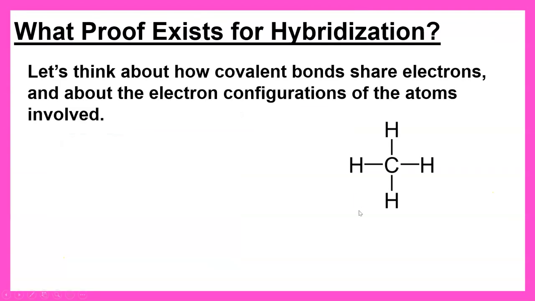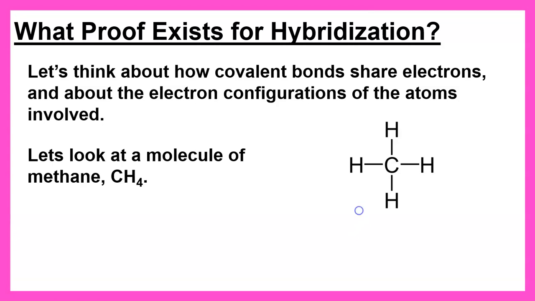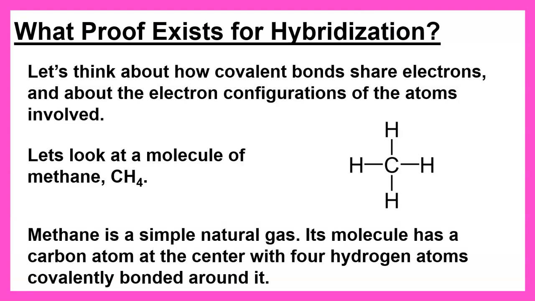So the new part of this lesson is thinking about how do they know this is occurring. So let's think about a simple molecule. Let's think about CH4. We're going to look at their electron configurations and think about what the electrons need to be doing to make these 4 bonds. We have a carbon with 4 single bonded hydrogens.